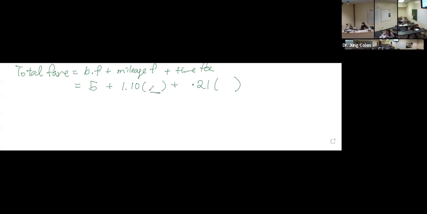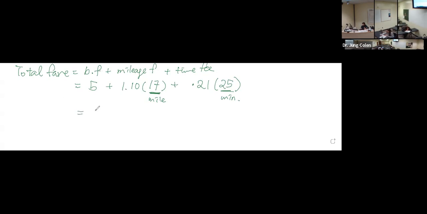So what goes here? The miles. What goes here? Minutes, right? So Reagan, what did you put in here? I put 17, because it takes 17 miles in 25 minutes. So does it make sense, guys?